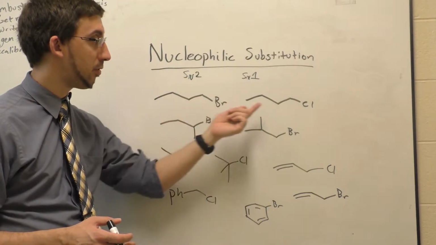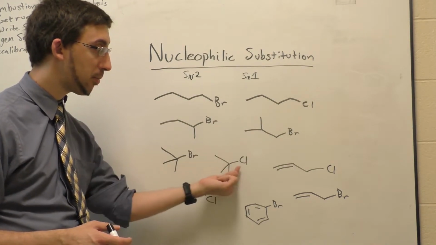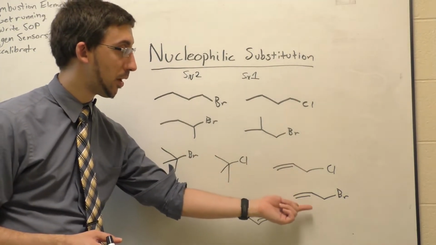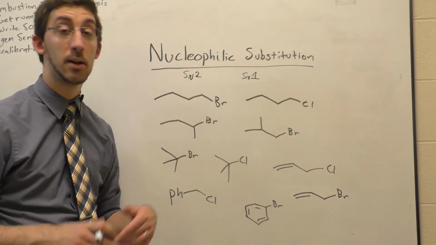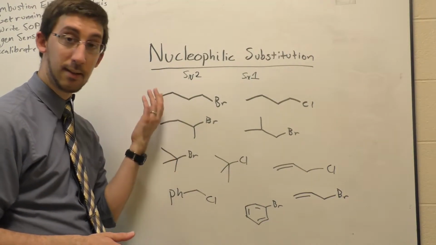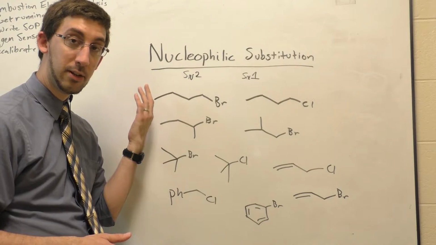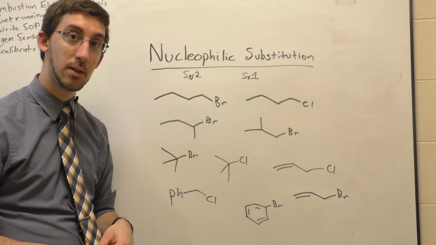Here we've got cases for a primary substrate. Here's a case for a tertiary substrate. Here we've got a case for an allylic substrate. We've got the pairs there, and we want to compare the effect of leaving group on both the rate of their SN2 reactions and how they behave in SN1 reactions.